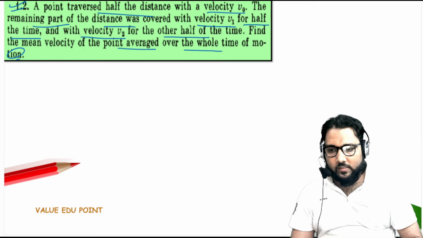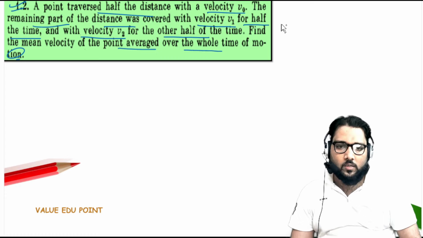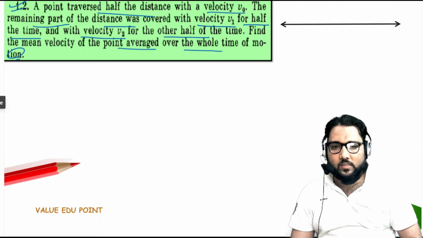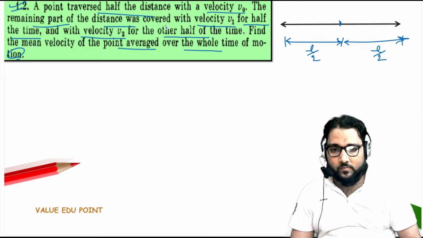So what is happening, guys? Look at this. This is the time journey. The half distance, we can say that is L by 2, and again this is L by 2. Is it okay guys?